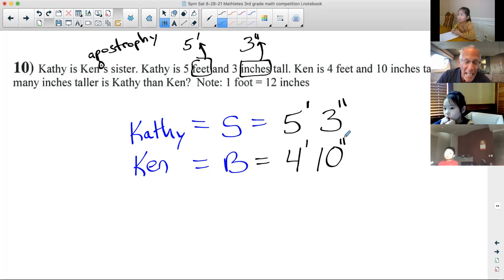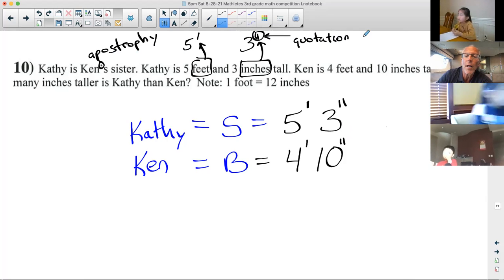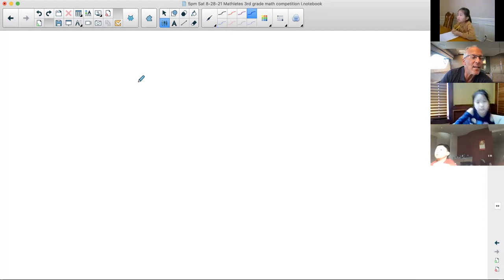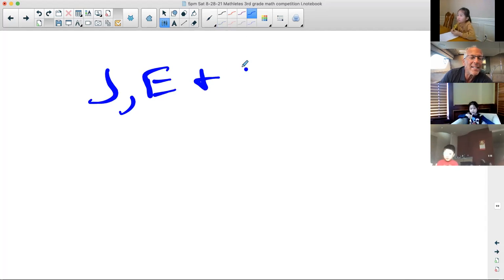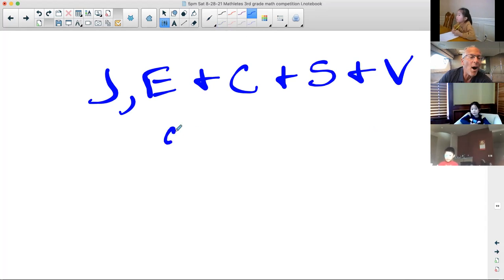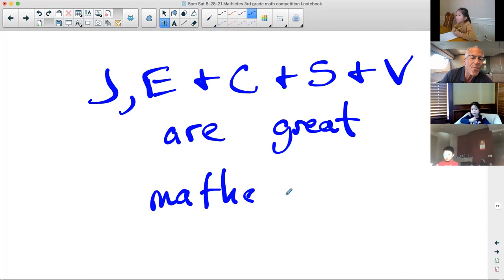Now, the quotation, this is called a quotation mark. Whenever somebody says something in a book, like let's say that I say to you that J, E, and C and S and V are great mathematicians.